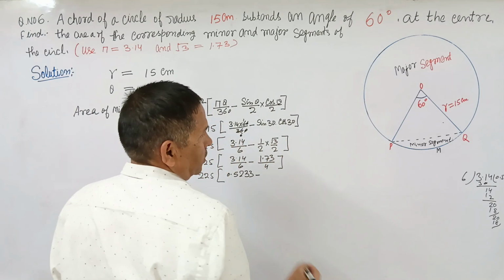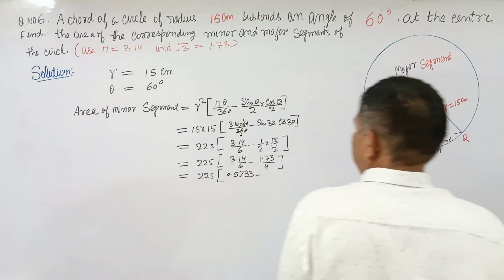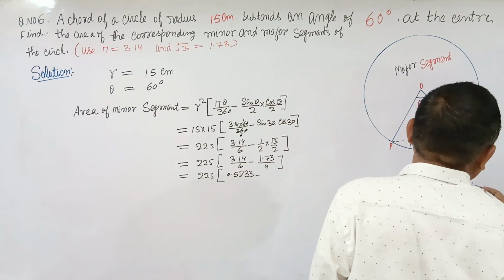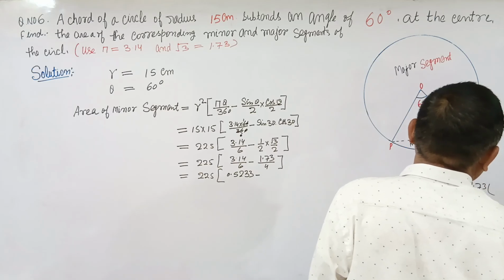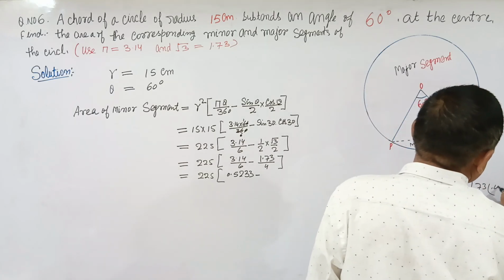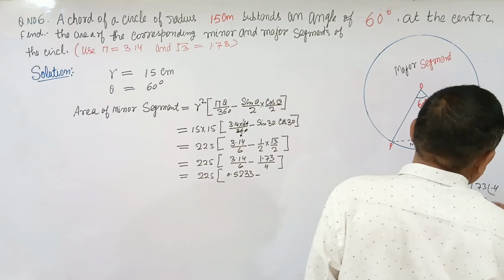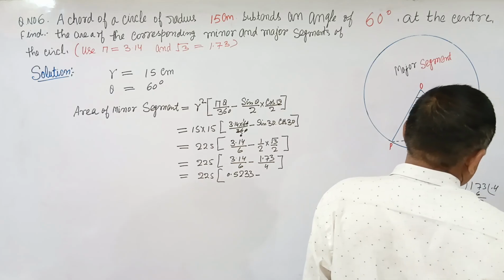So here I will write 0.5233 minus, now again I have to divide 1.73 by 4.